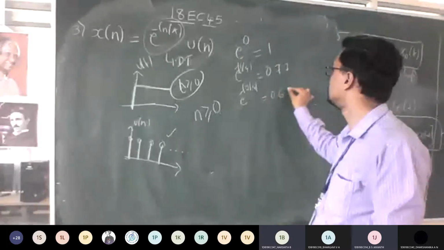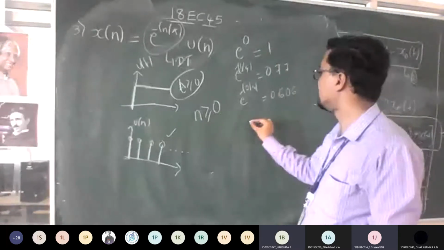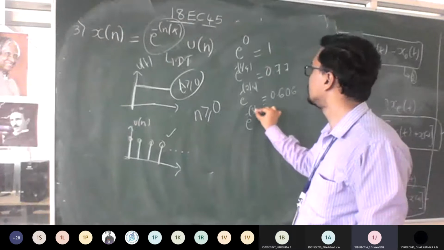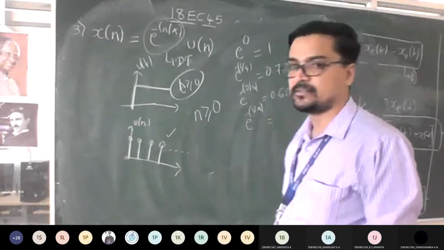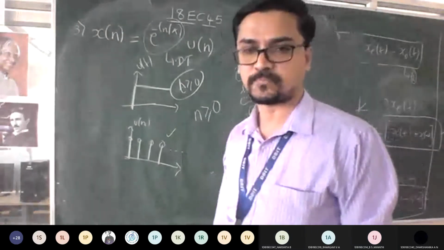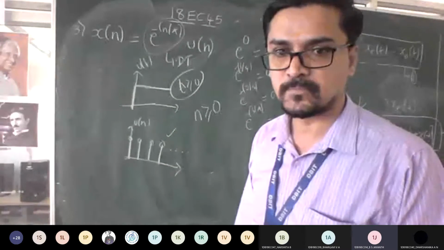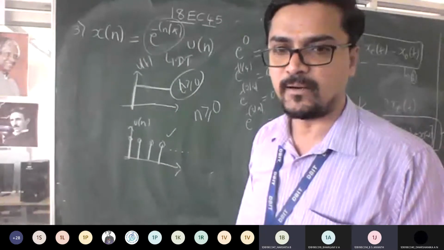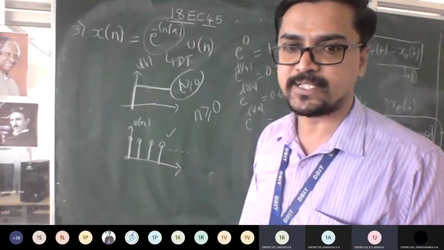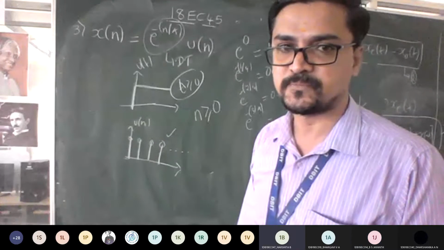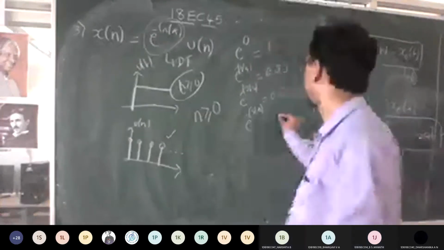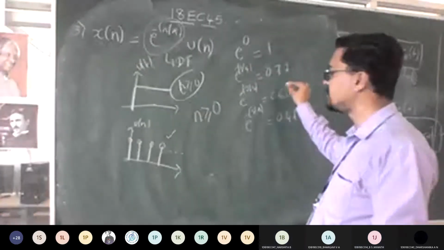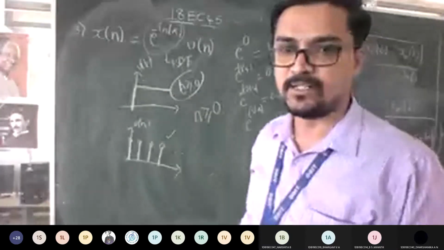Okay, we'll take one more, so we'll go with 4 samples. For 3, it should be less than 0.6. How much? 0.47. See, if you keep solving like this, you'll get n number of samples.